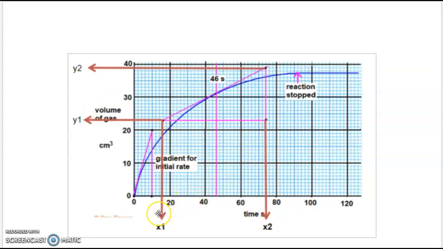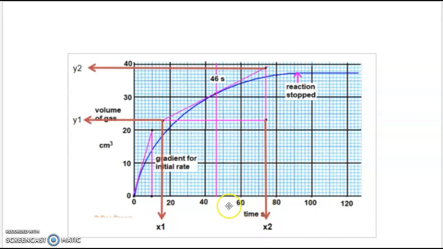Because of the scale on the x-axis as seen, each line on the x-axis has a value of 2 seconds. And so based upon the scale here, our x1 value would fall at 16 seconds, and our x2 value would fall at, 70 is midway here, so 72, so it would fall at 74.